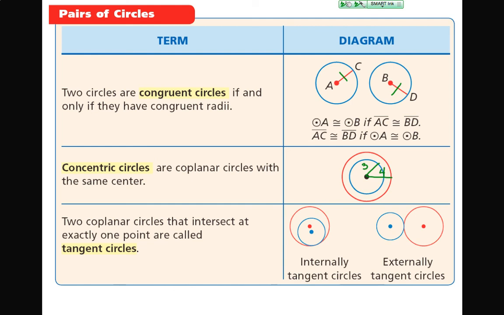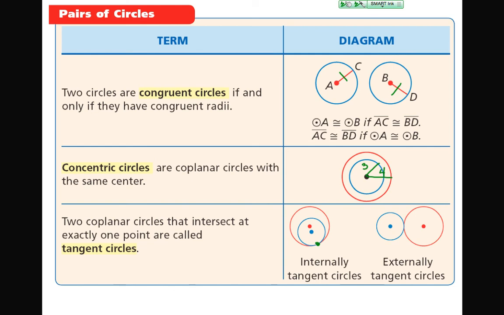Now there are two ways they could look. There are internally tangent circles. So these two circles, notice they don't have the same center, because if they did, like concentric, they would never touch. So the centers are at different points, but the blue one is pushed far enough to the side that it touches the red one at one point. Those two circles are tangent to each other.